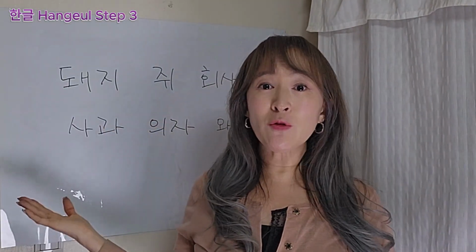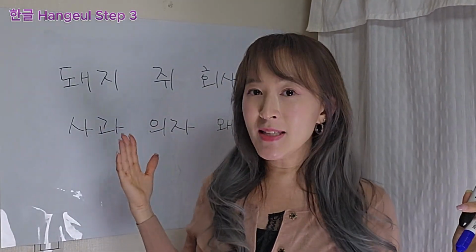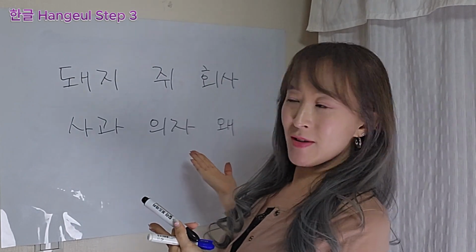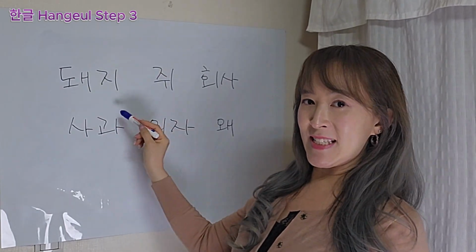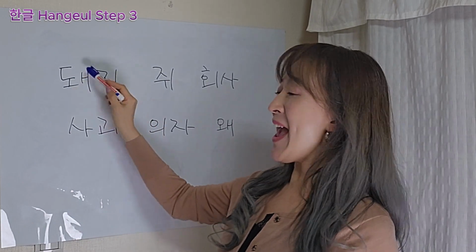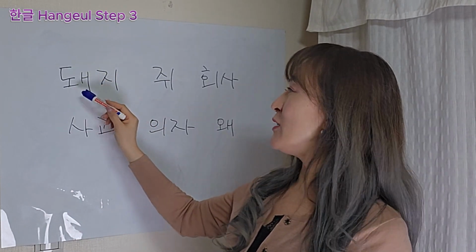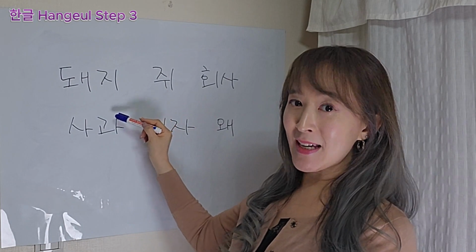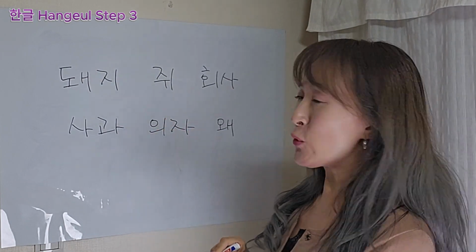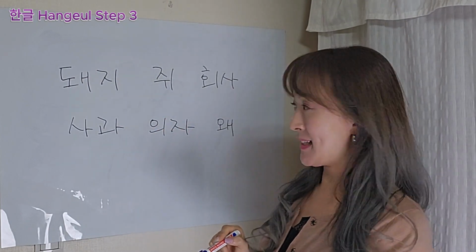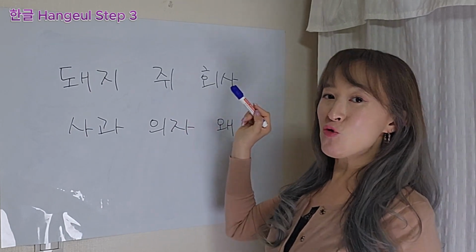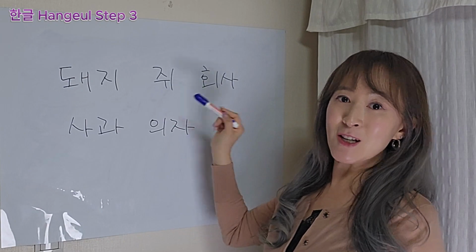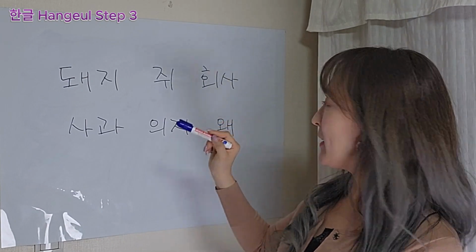So before we move on to the consonants, let's see if we can read these words here. 돼지. This was we, right? So 돼지 means pig. This we, 쥐 means mouse.